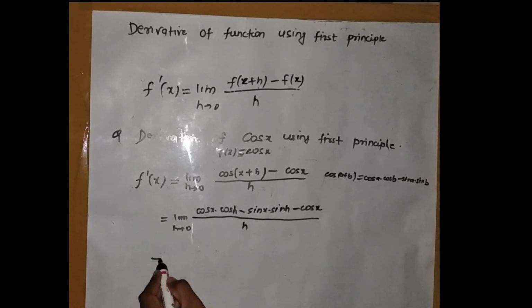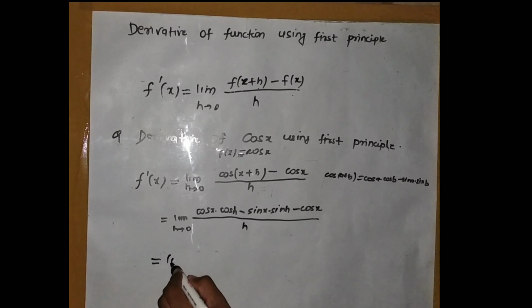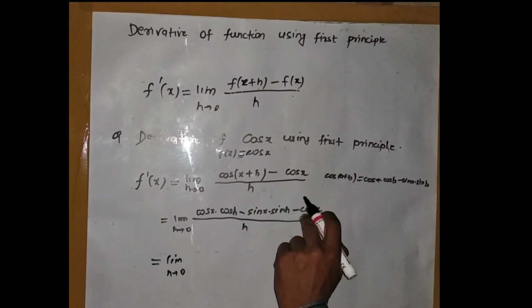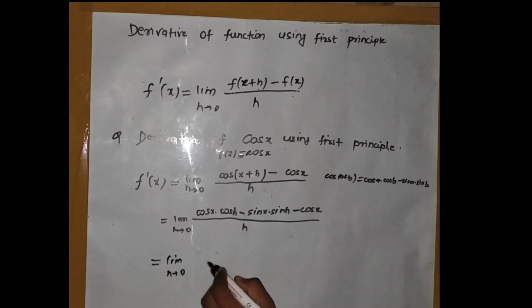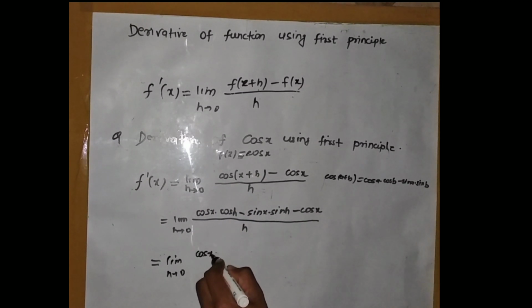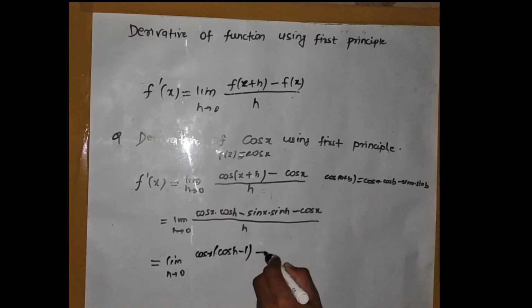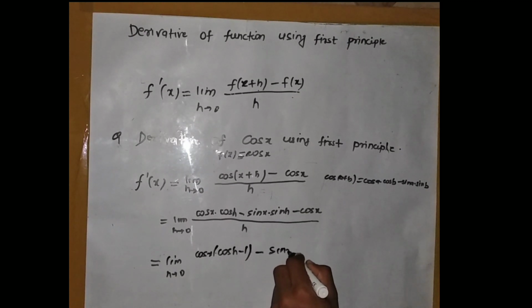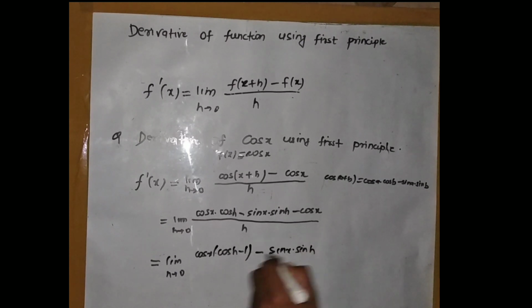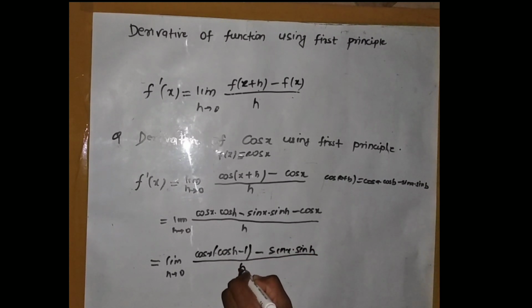Now we take limit h tends to 0. We take cos x common in this term and this term. So this expression becomes cos x into cos h minus 1, minus sin x into sin h, by h. Now distribute h for this term and this term.